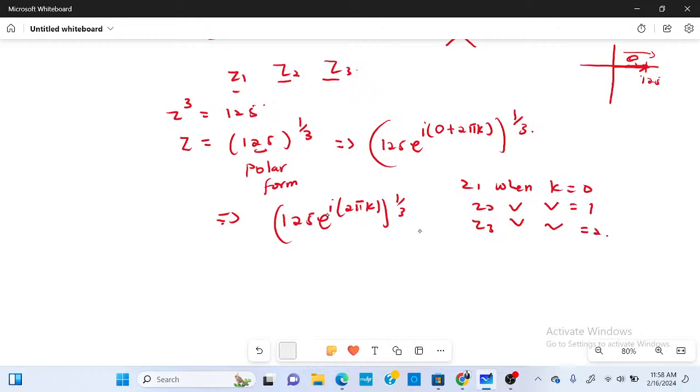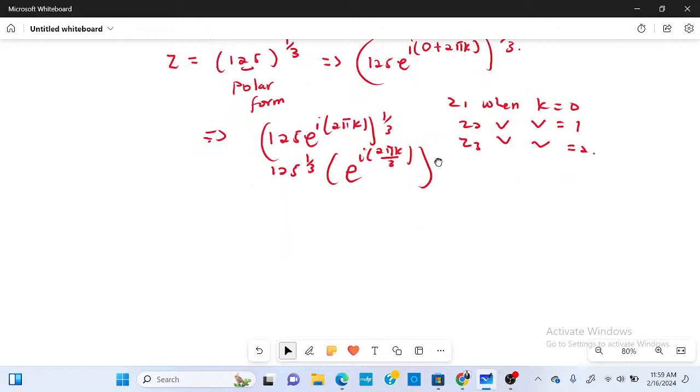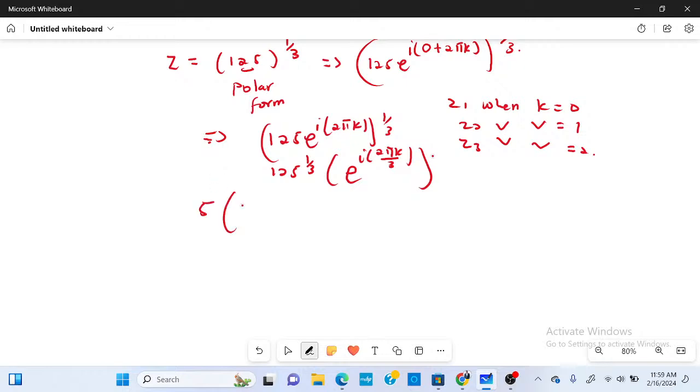Right now I'll get 125 to the power 1 out of 3 multiplying e to the power i 2 pi k all on 3. At this point, this gives me 5, so I'll get 5 e to the power i 2 pi k on 3.